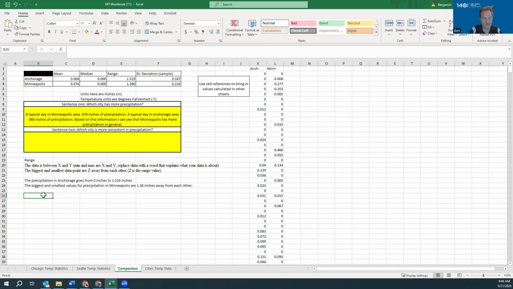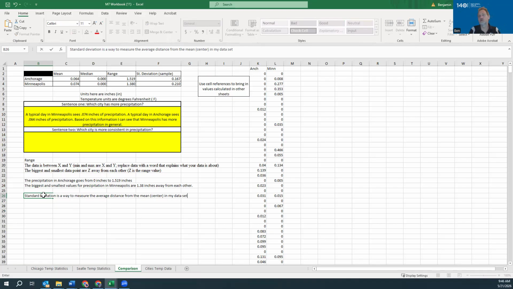So let me just write out what I just said. The standard deviation is a way to measure the average distance from the mean, the center, in my data set.